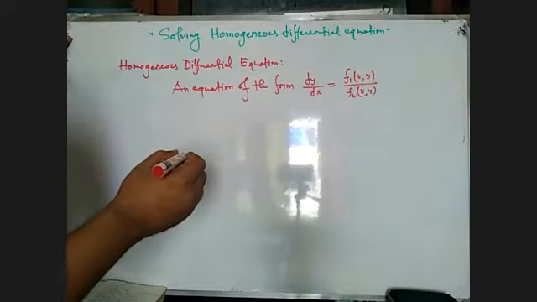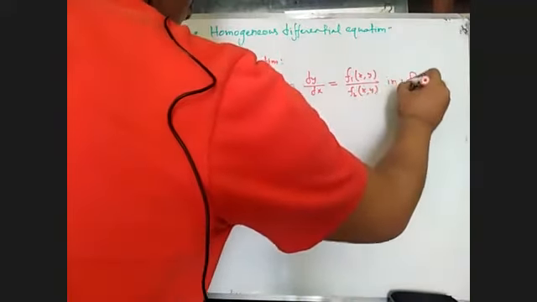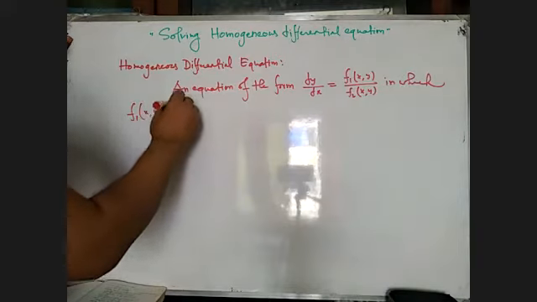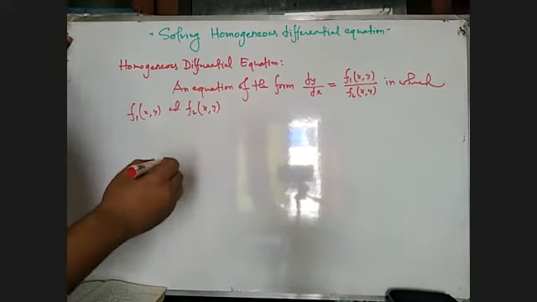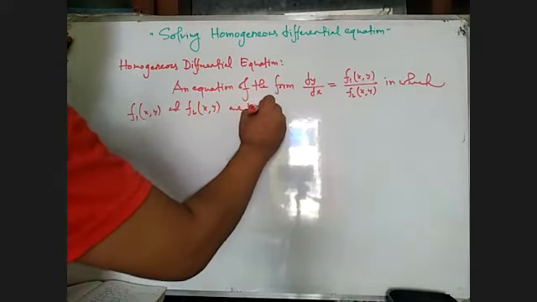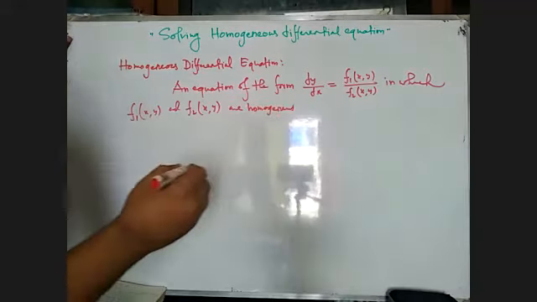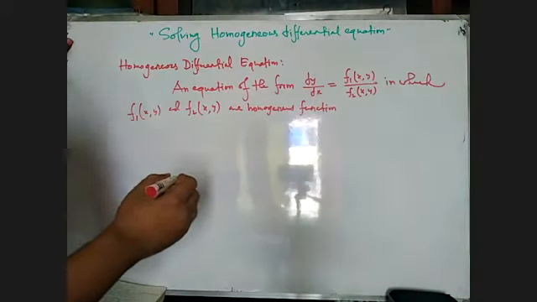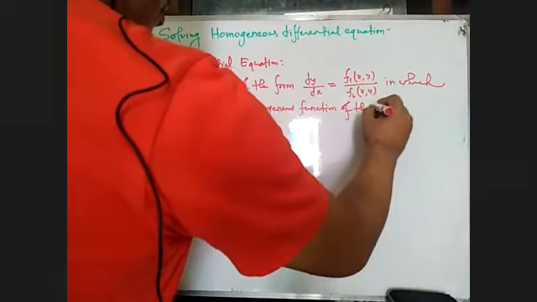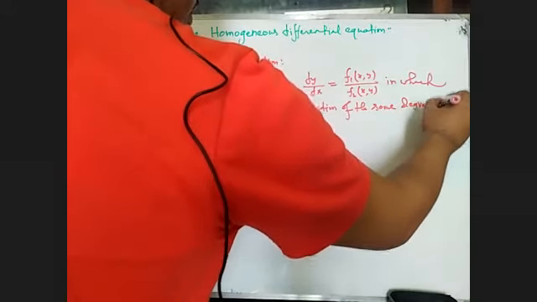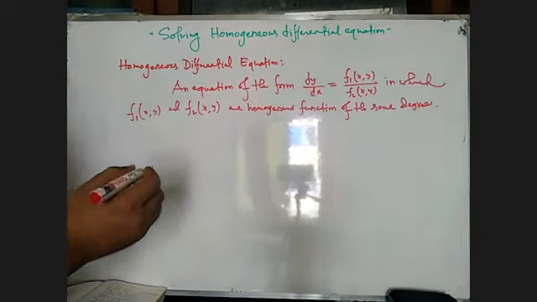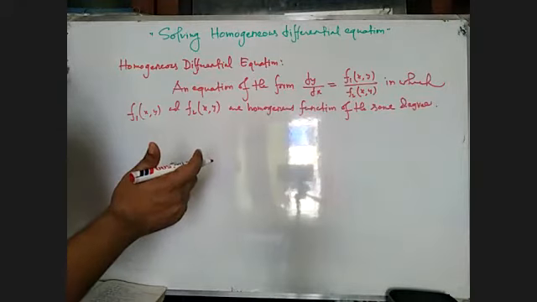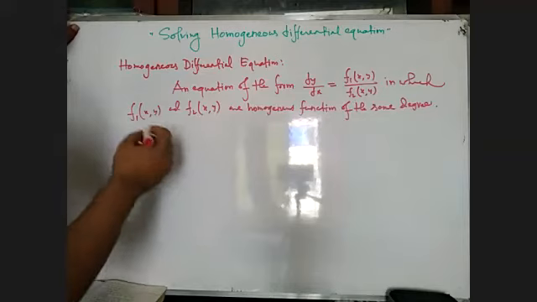If there are two types of function, f1 and f2, in which f1 is a function of x and y, and f2 is also a function of x and y, and they are homogeneous functions of the same degree, that means f1 and f2 have the same degree, in that case this type of differential equation is called a homogeneous differential equation.